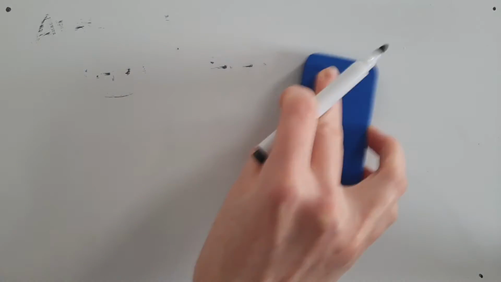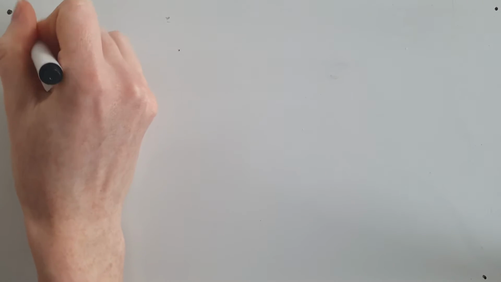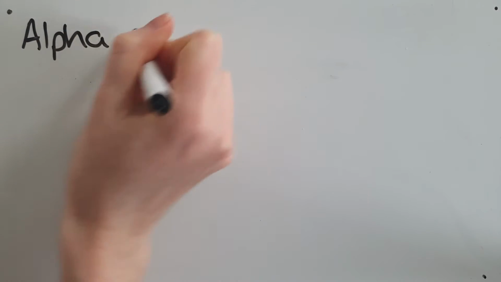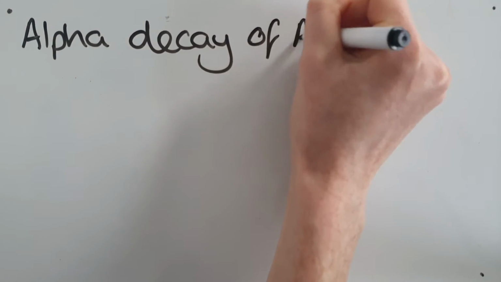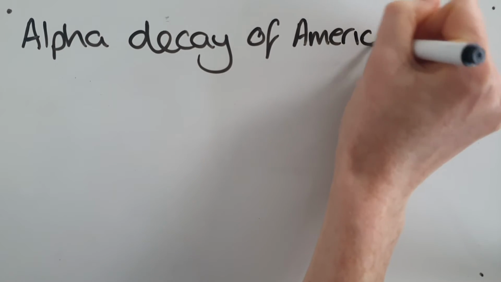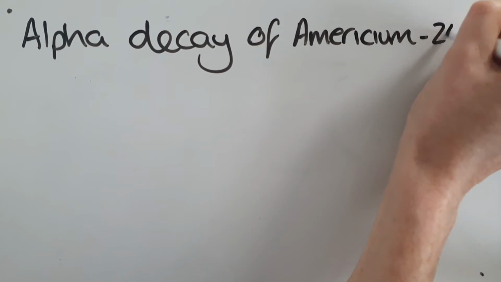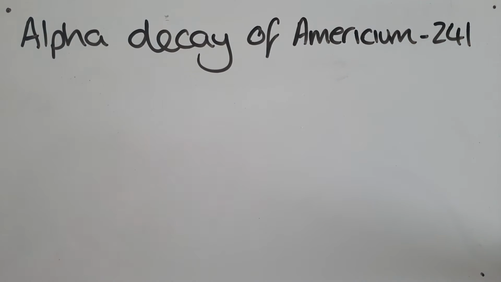So if we take an example, we go with the alpha decay of americium 241, just like we've used. Now that means you will start as americium 241.